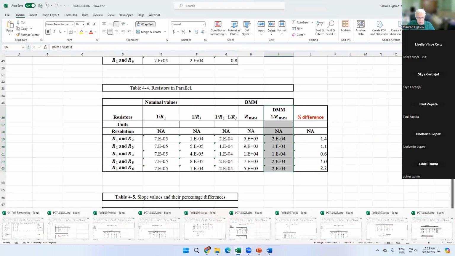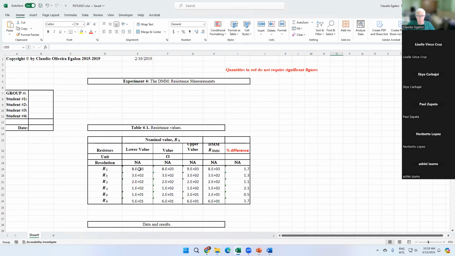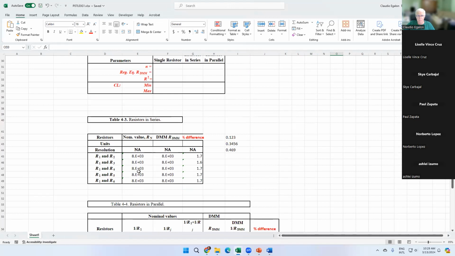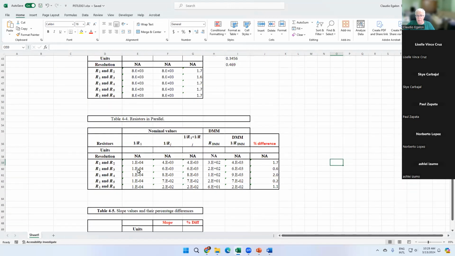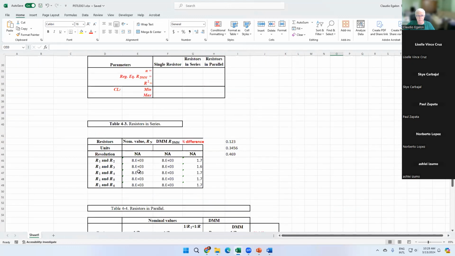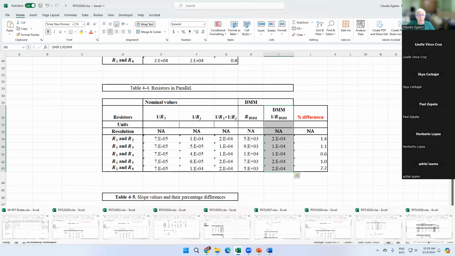Yeah, nothing bad here. That's how the spreadsheets look, okay? I'm going to brief you on the color code of the resistors and what it means, how they display it there.